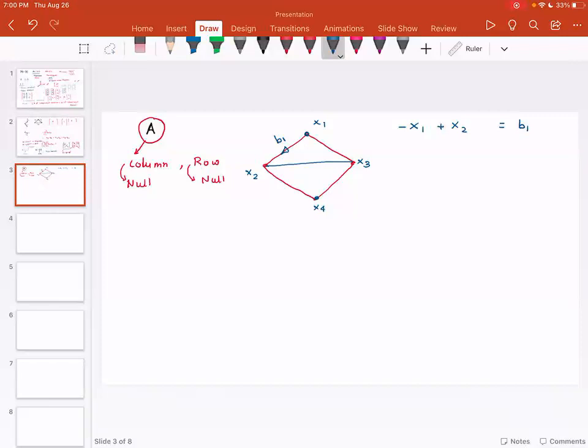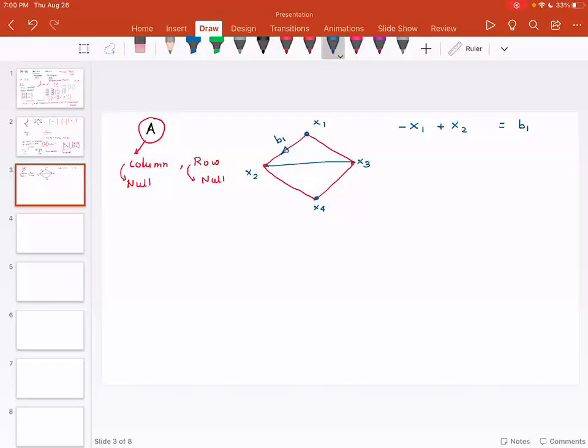The next section is orthogonal matrices. Orthogonal matrices means rows are perpendicular. So a classic orthogonal matrix is 1, 0, 0, 1. That is a very classic orthogonal matrix.